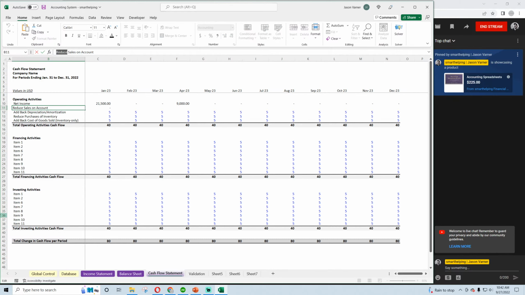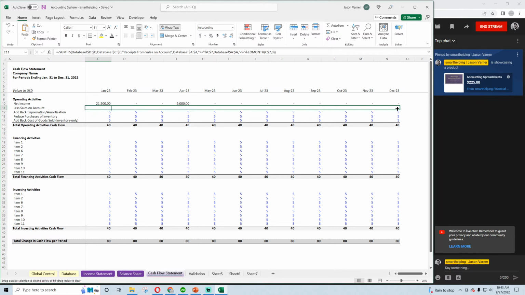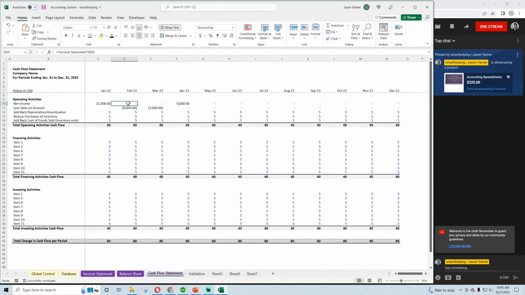Actually, let's put in less sales on account because we're starting with cash flow based on the net income. And net income includes all sales. Doesn't matter if it's made on account or not. That's counted. So we reduce that here. And so we see, okay, there's where my sales on account. Here's where my actual net income.